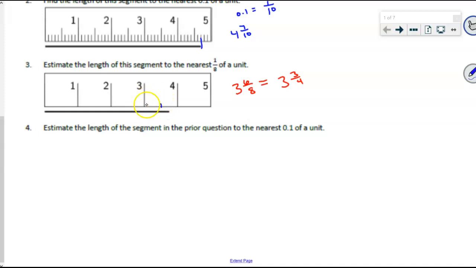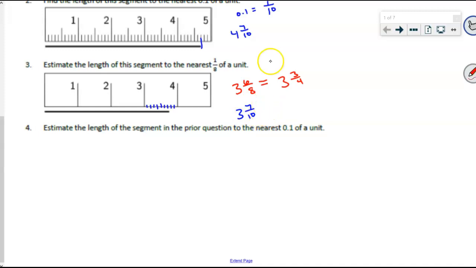Let's see. 1, 2, 3, 4, 5. Break this up into 5 more pieces. 1, 2, 3, 4, and 5. So to that nearest 1/10 of a unit, there's 1, 2, 3, 4, 5. Remember, that's my halfway. 6, 7. Not quite to the 8. So I would say 3 and 7/10 of a unit is my estimate there.